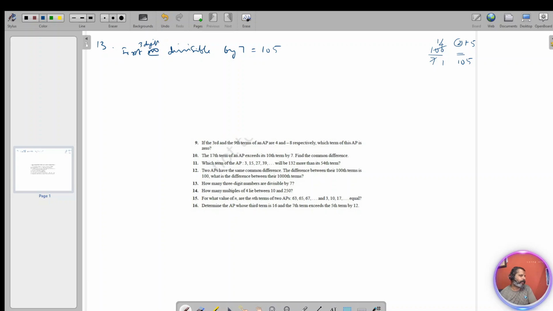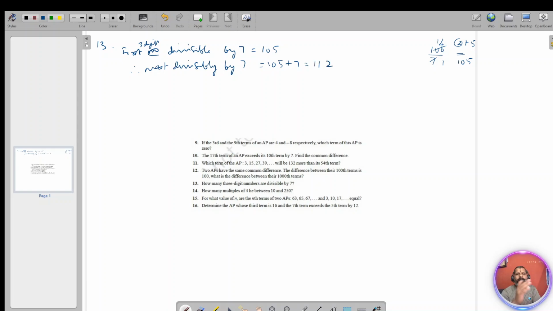You should know the logic here to build the list. Then the next number divisible by 7 means it's a 7 multiple. Common difference will be 7 only. Therefore, next number divisible by 7 is 105 plus 7, that is 112.